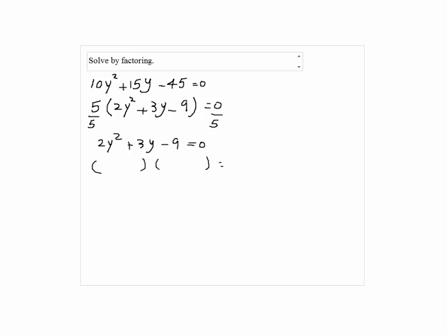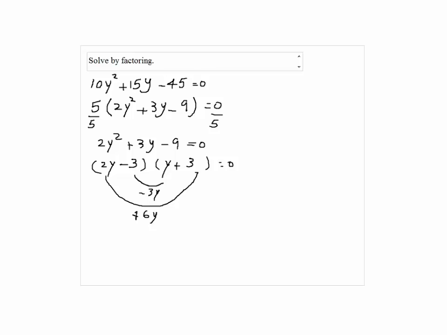So here I can factor this again. So we get 2y and y, and for 9 I get 3 and 3. To get plus 3, we have 3y here. Here we have 6y. So you want to have plus 3, so this must be minus and this must be plus.